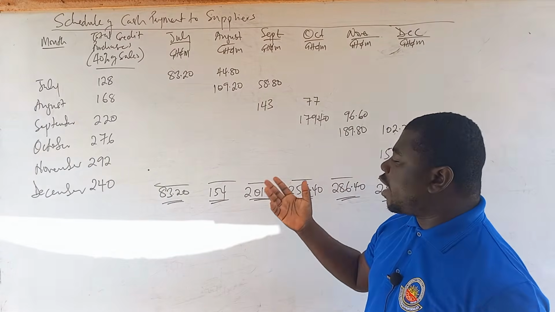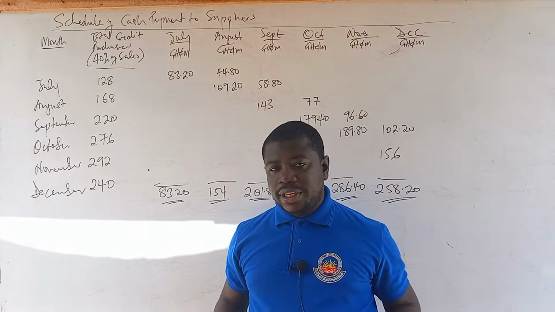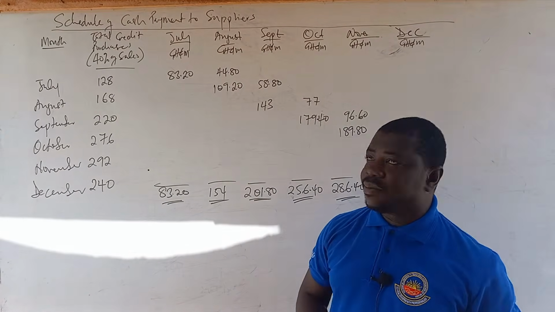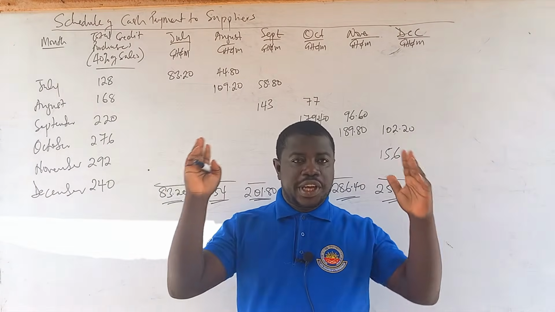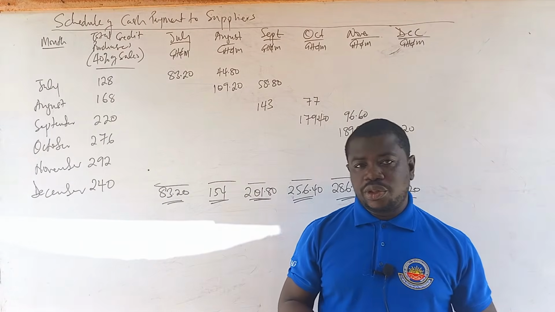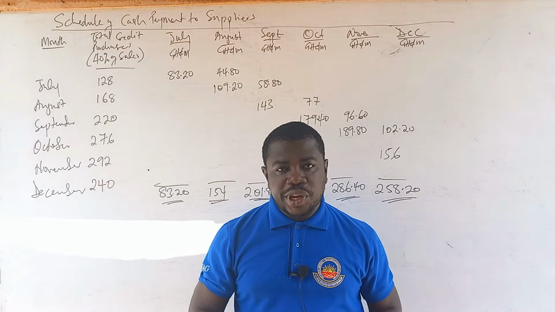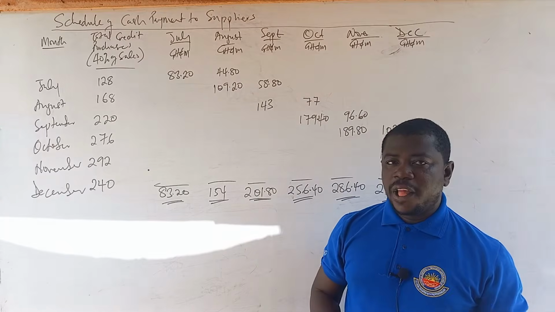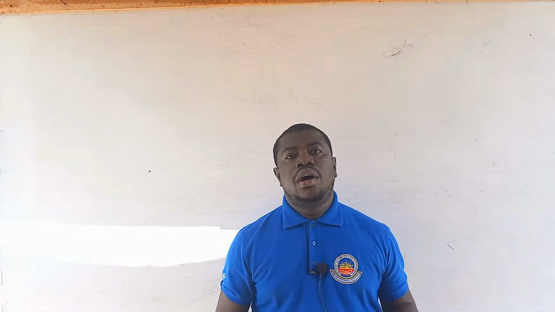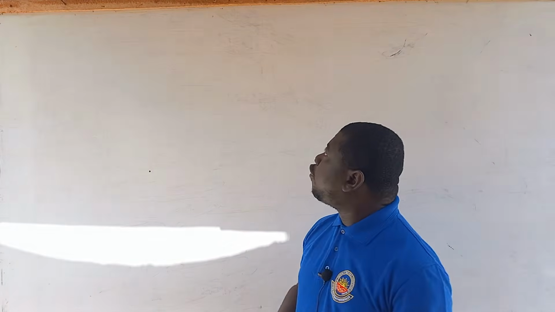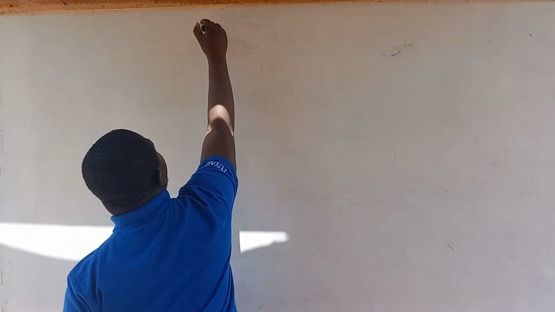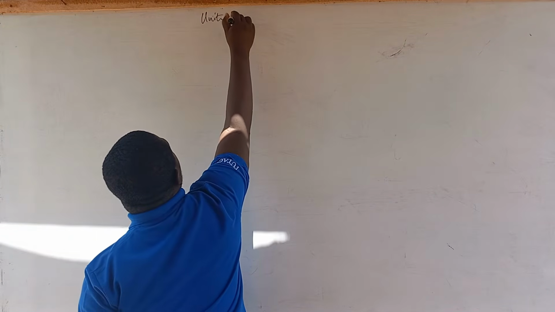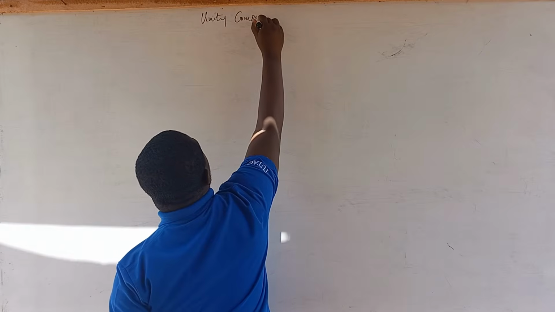So ladies and gentlemen, having understood these two, let us go straight to prepare the cash budget, where we are going to use these two figures and bring them into the cash budget, as well as other information that is given us in the question. So we prepared the cash budget for the quarter. The company's name is Unity Company Limited.